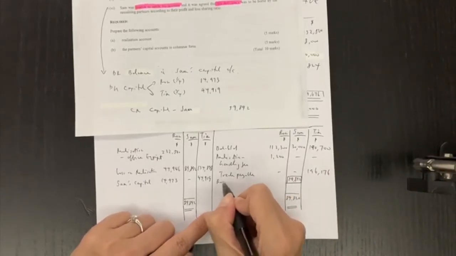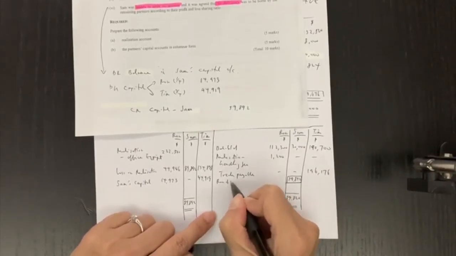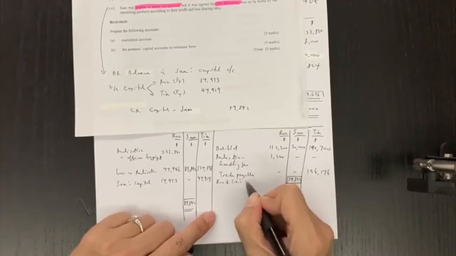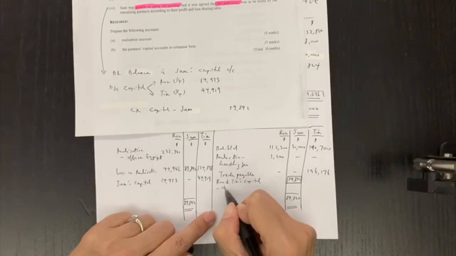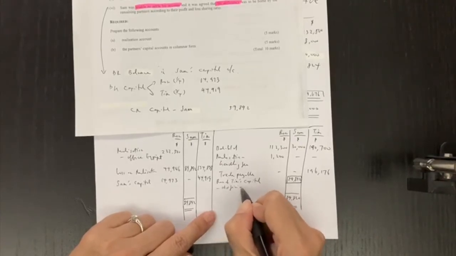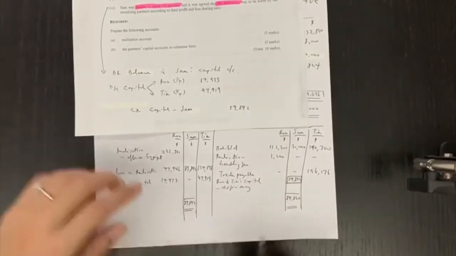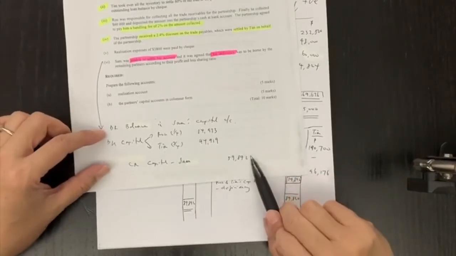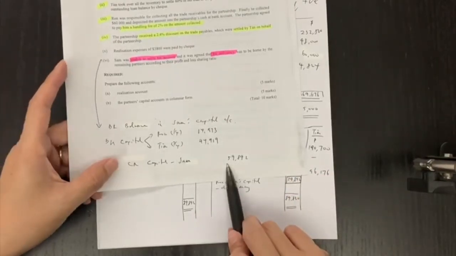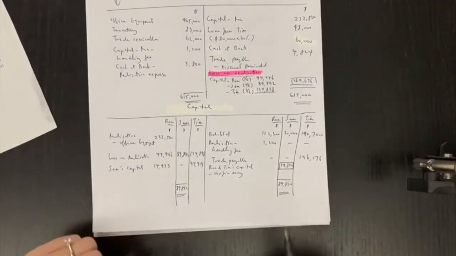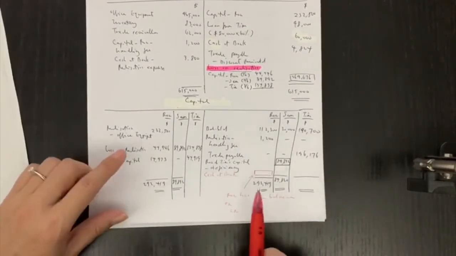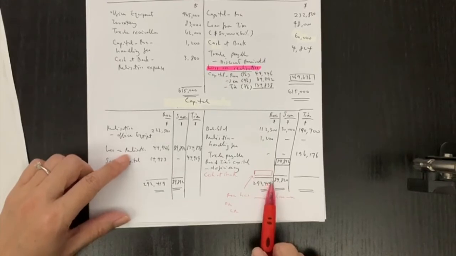So that would be Ron and Tim's capital to share the deficiency. So to complete this double entry, we need to refer to the balancing figure in the capital accounts for Sam.